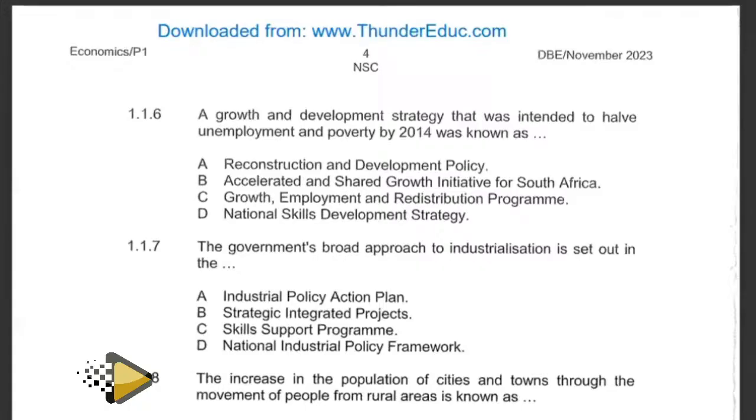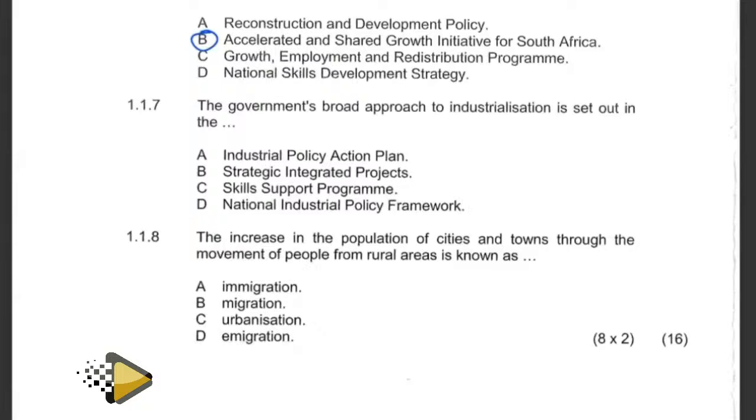So in this regard, our appropriate answer is going to be B, which is Accelerated and Shared Growth Initiative for South Africa. So this is our appropriate answer in this regard, grade 12s. Okay, right. So now moving on to the next question, grade 12s, we have 1.1.7, of which this 1.1.7 reads as follows.